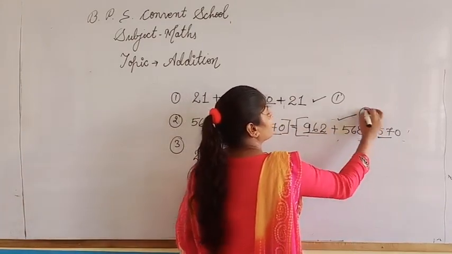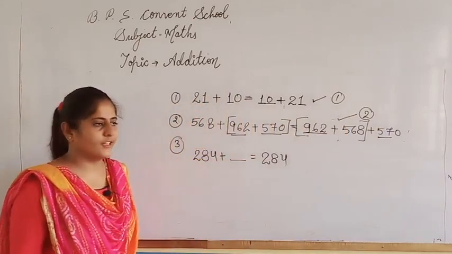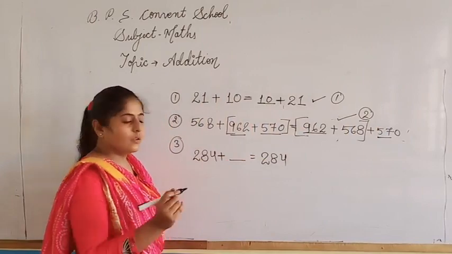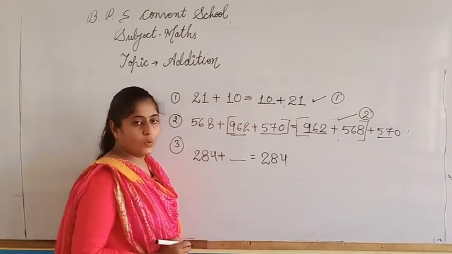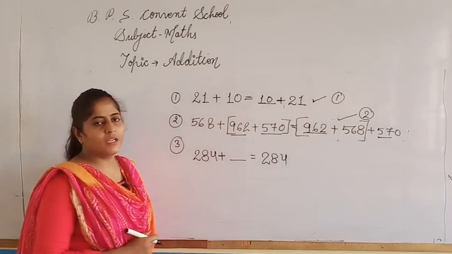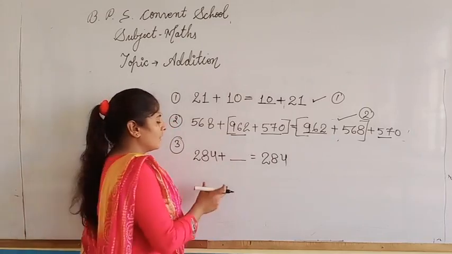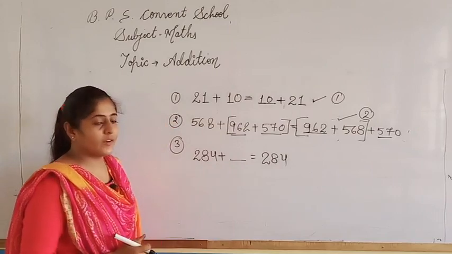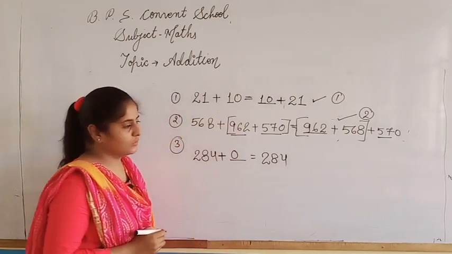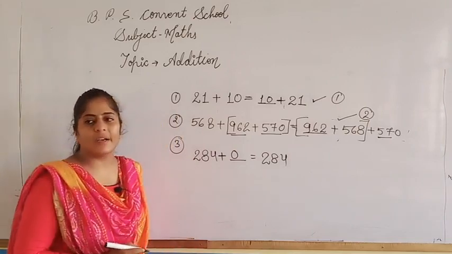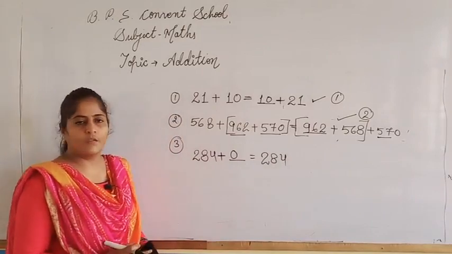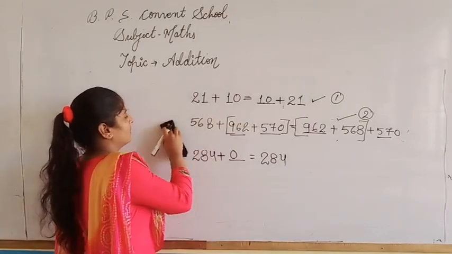It's the second property of addition. 284 plus blank is equal to 284. When we get the number itself, what do we add? We add 0. When we add 0 to 284, we get the sum 284. Clear?